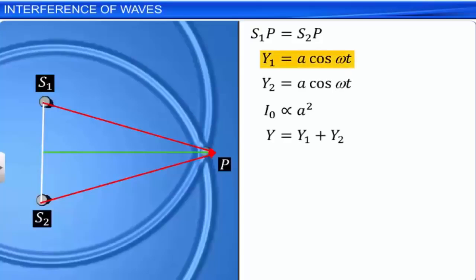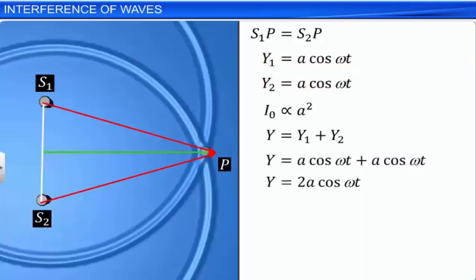On substituting the values of y1 and y2, we get y is equal to 2A cos omega t. If I is the resultant intensity at P, then I is proportional to 4A squared. In terms of intensity of individual waves, I is equal to 4I0. The resultant intensity is 4 times the individual intensities. Hence, we say that the two waves interfere constructively.